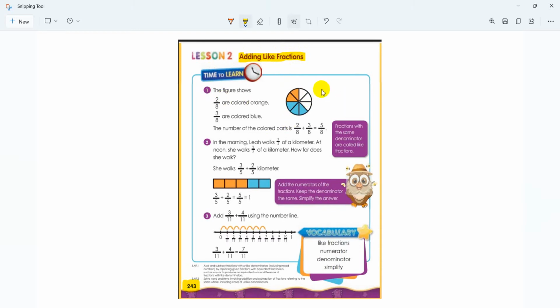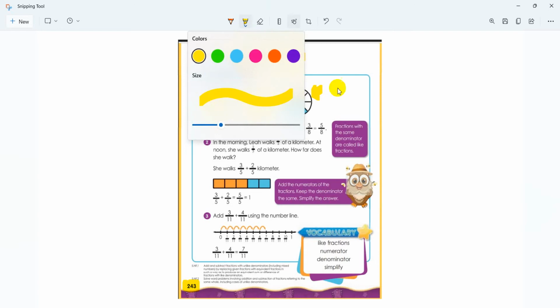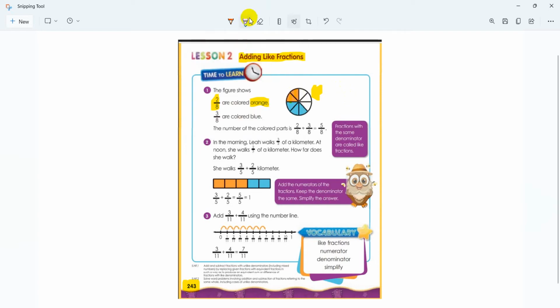If you look at this figure here, the figure shows 2/8 are colored, 2/8 for the yellow or orange color, and 3/8 for the blue color.